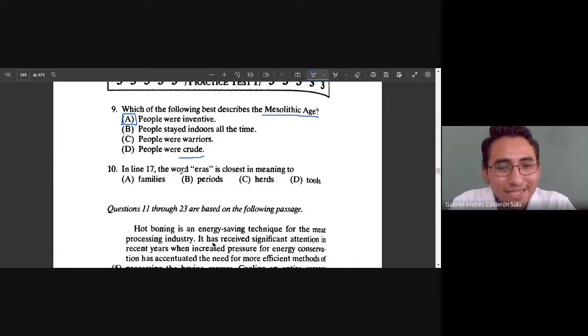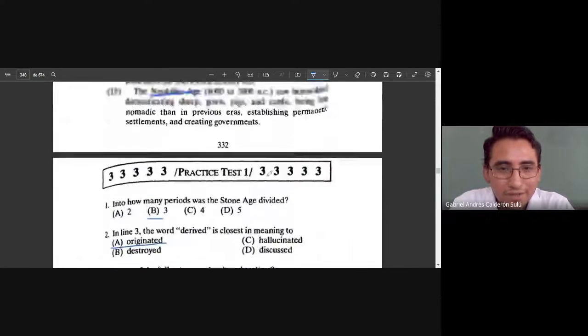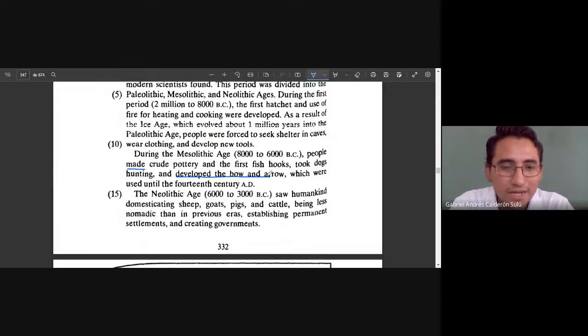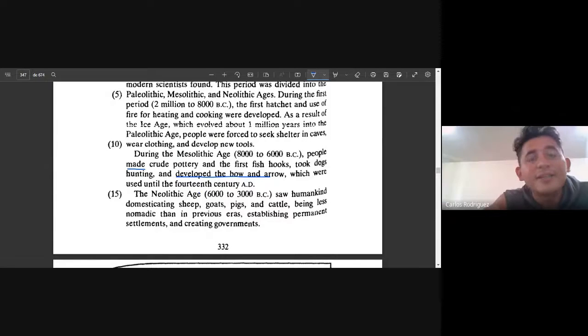In line 17, the word eras is closest in meaning to, so another vocabulary question. Let's go with line 17, and what is eras in your words?